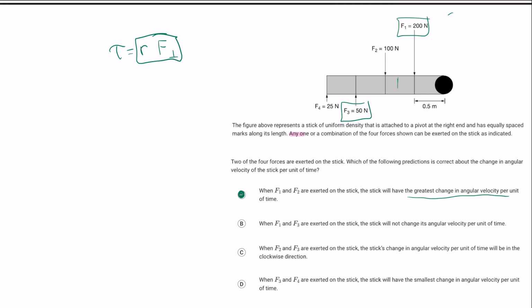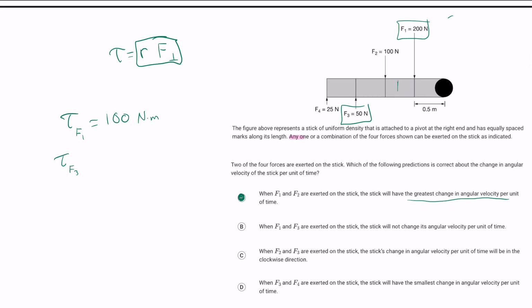Well, F3 is 1.5 meters away, F1 is 0.5 meters away, so the torque due to F1 should be 100 Newton meters, and then the torque from F3 would be 50 times 1.5. That's about 75 Newton meters? So they will not be in equilibrium. So B is not true.